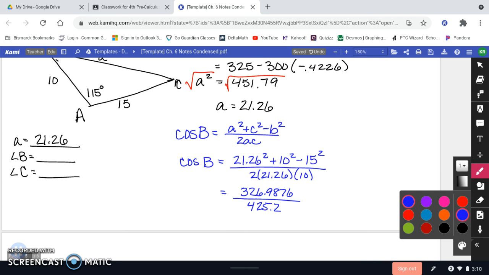So if we divide those, we get cosine of B is 0.769, so do your inverse cosine, and angle B is going to be about 39.7 degrees. So 39.7 degrees here.